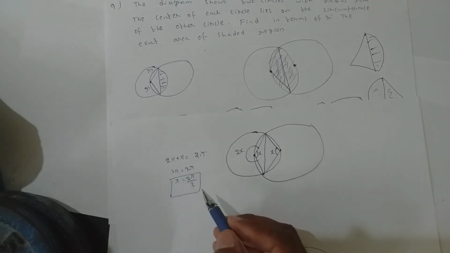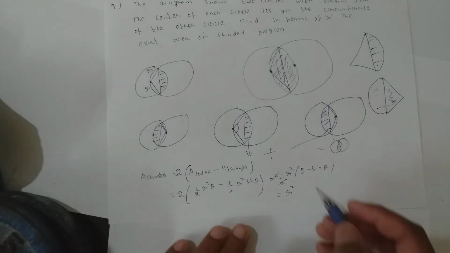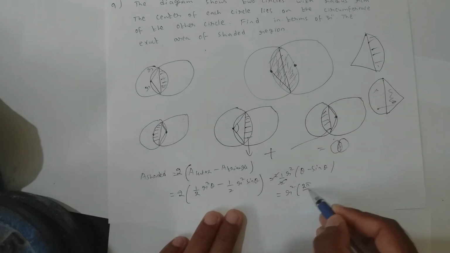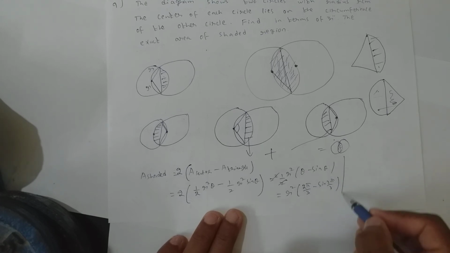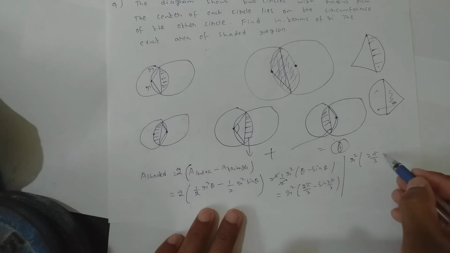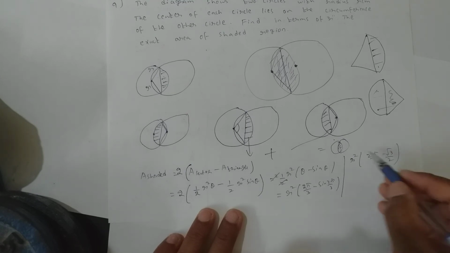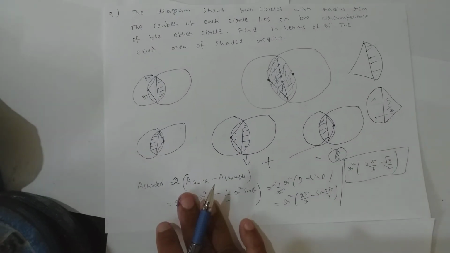This is the angle. Am I clear? Now the angle I will place here. So in place of theta, 2 pi by 3 minus sine of 2 pi by 3. So that will become r square into 2 pi by 3 minus root 3 by 2, which is my area of shaded region. Am I clear?